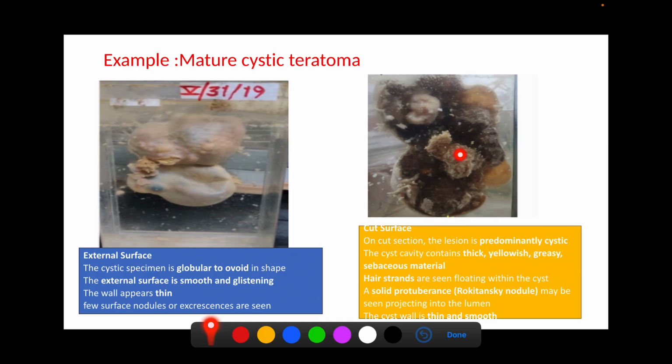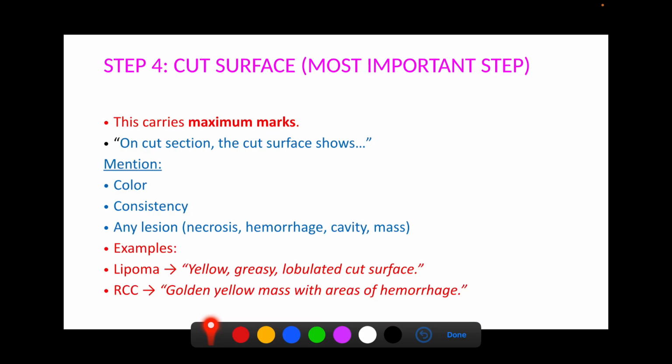The cyst cavity contains thick yellowish or white greasy material which is sebaceous material, and there are hair shafts floating within the cyst. Some solid protuberance or Rokitansky nodule may be projecting, and the cyst wall is thin and smooth. This is how you can describe external as well as cut surface.